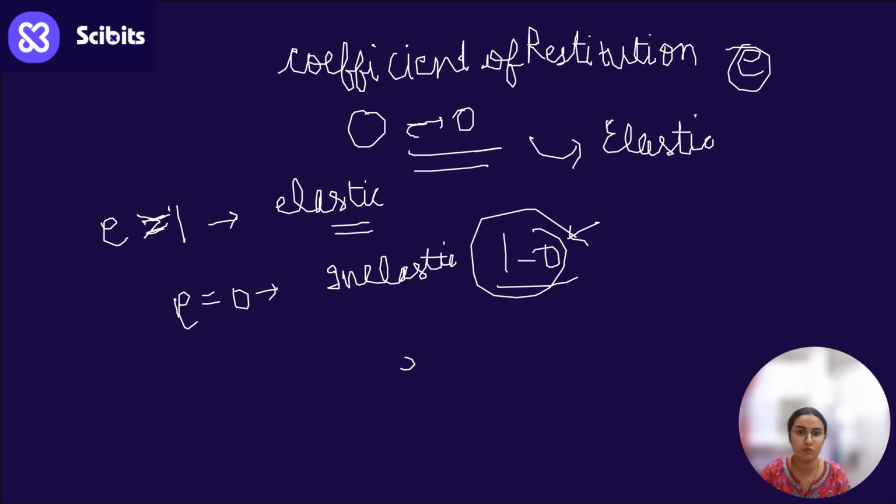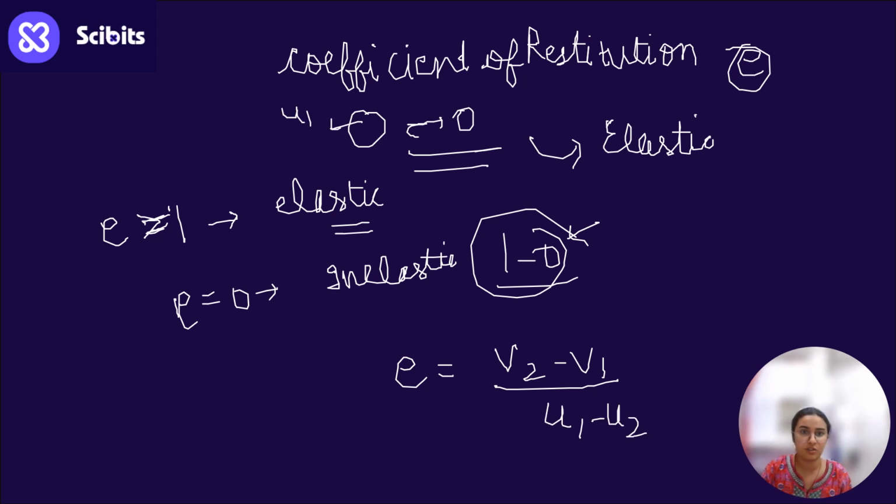The formula to find this e is v2 minus v1 upon u1 minus u2, which means the initial velocities of these objects and the final velocities of these objects. I don't see many questions from these topics nowadays, but still it's good to remember.